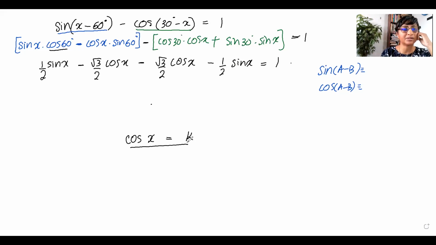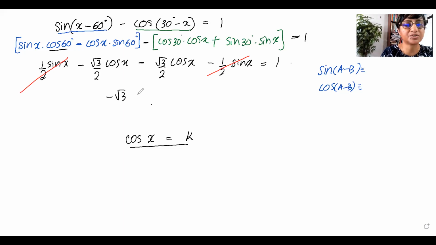Does anything simplify here? Yes, of course. Half sine x minus half sine x cancels. And then I have minus on these two terms, the same term, negative same term. So two of those gives me root 3.